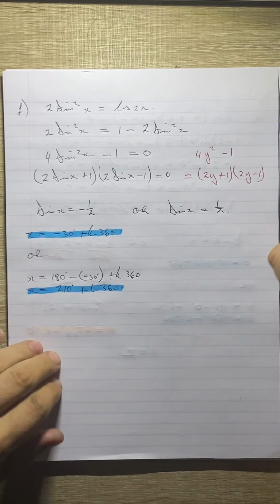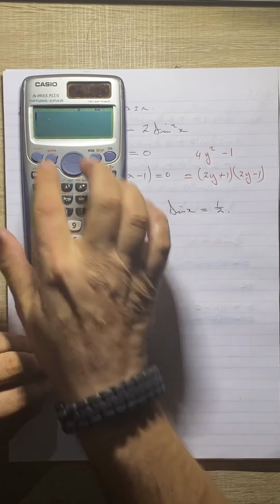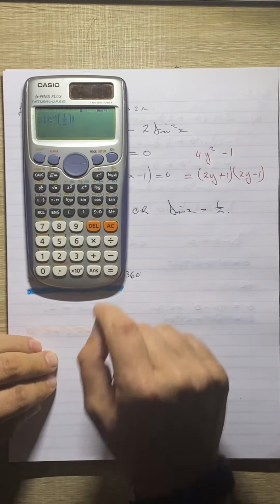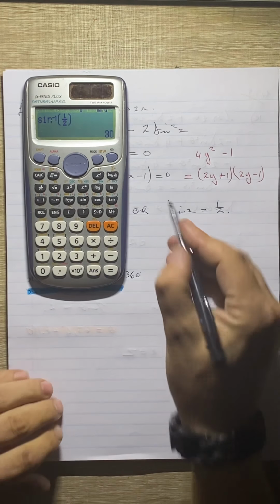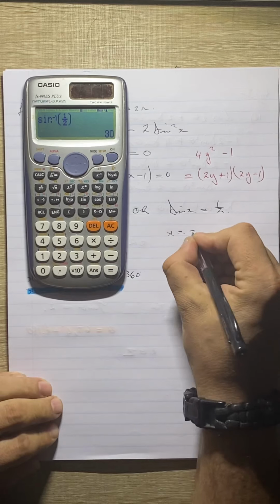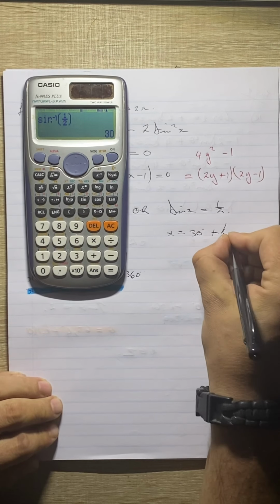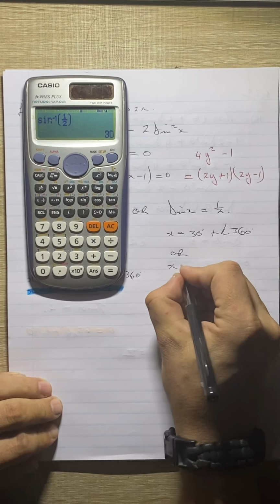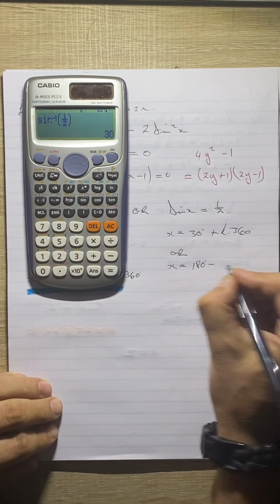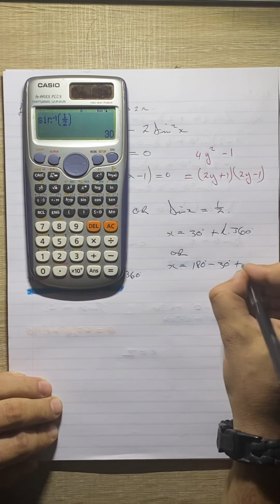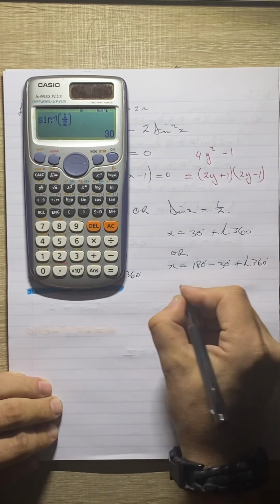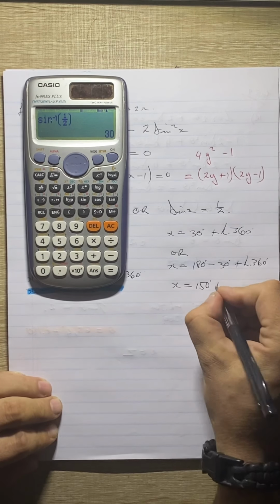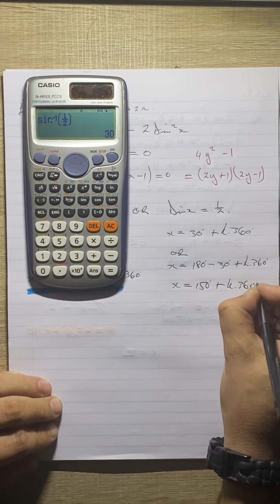Let's do the same thing for this one. I need to find my reference angle, so we go shift sine 1/2 and we get a reference angle of 30. So x is equal to 30 degrees plus K360, or x is equal to 180 minus our reference angle plus K360, and we get x is equal to 150 plus K360.